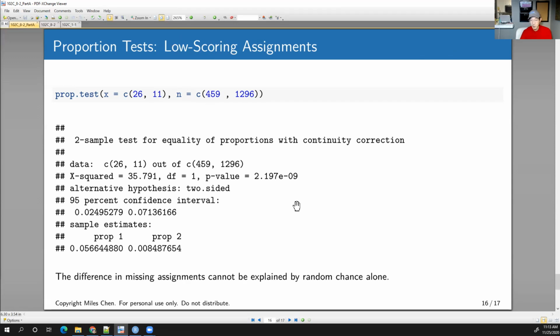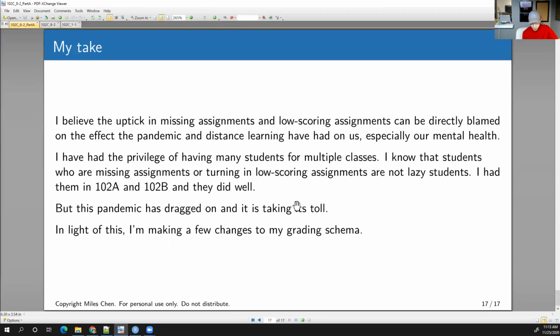So what is the explanation here? I don't know everybody's life story. I don't know what's happening, but just reflecting on my own feelings and struggles this quarter with the pandemic and remote learning or remote teaching, and just this general feeling of disconnect with community and things like that, I feel like we can definitely blame the pandemic and the different setup that we're in, and the effects that it has had on our mental health.